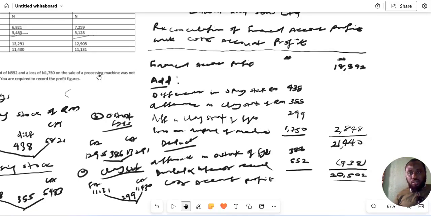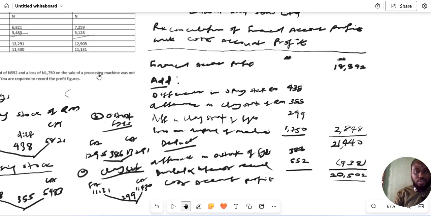So 438 plus 355 plus 299 plus 1750 gives 2842.